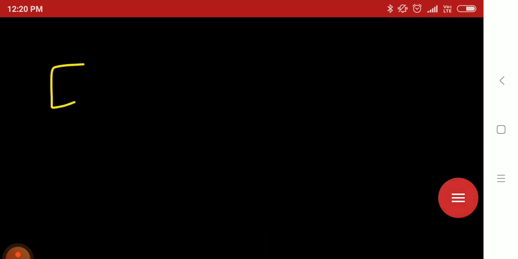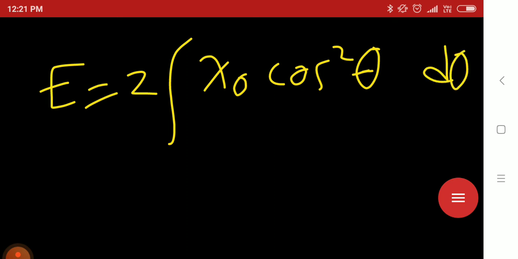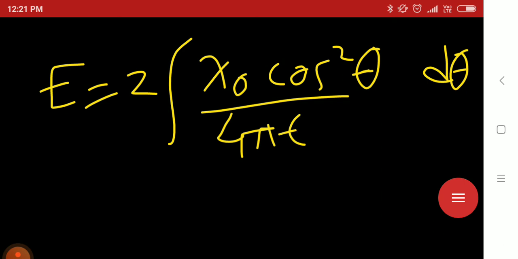So E equals 2 into lambda 0 cos theta into cos theta, that is cos square theta d theta, over 4 pi epsilon naught r.